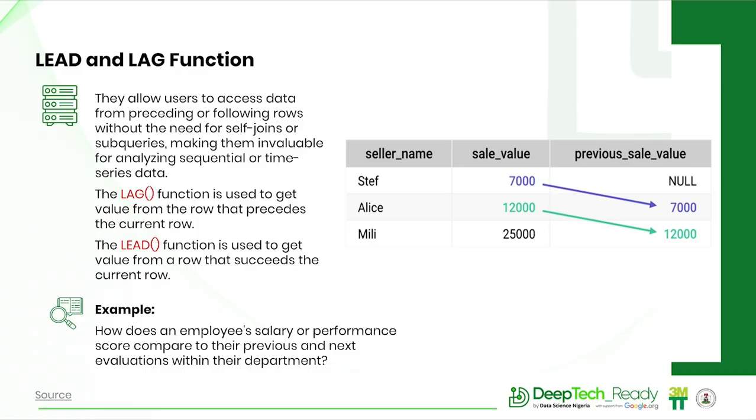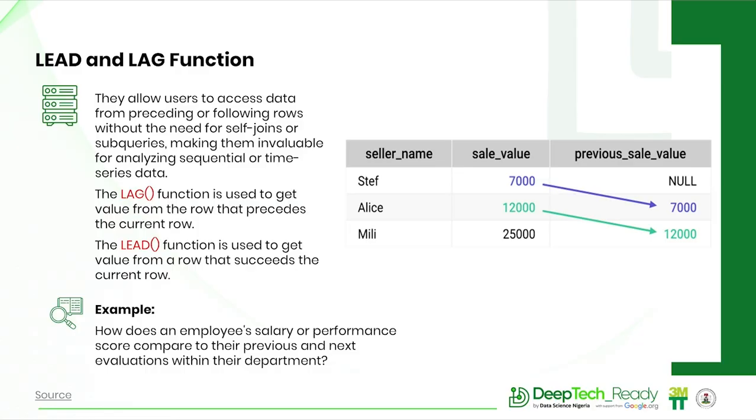This is helpful when you want to compare a value to a future one, like forecasting future sales based on current trends. We have an example to illustrate this. We have 3 columns: seller name, sale value, and previous sale value. So we have Steve, whose sale value was 7,000. Previous value is null because there is no amount before Steve's amount.